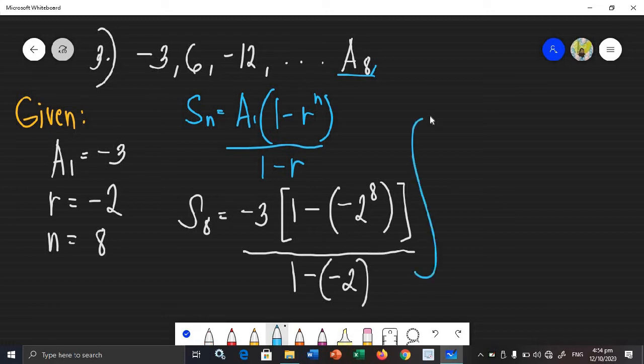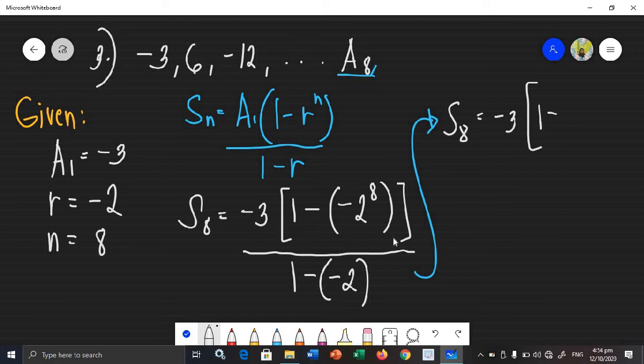Ayan. I'm going to continue the solution here. So, S sub 8 is equal to negative 3 times the quantity 1 minus negative 2 raised to the 8th power.